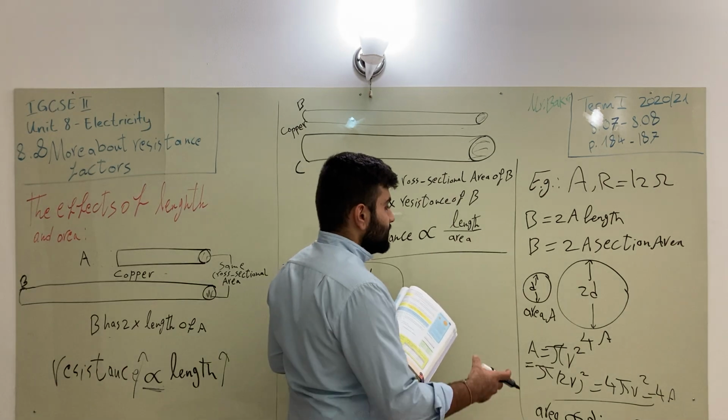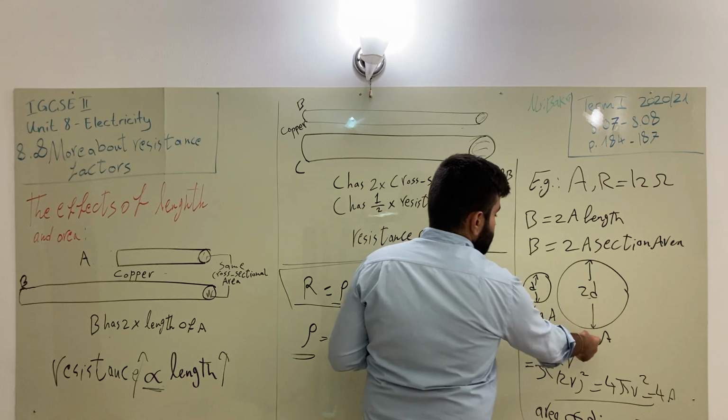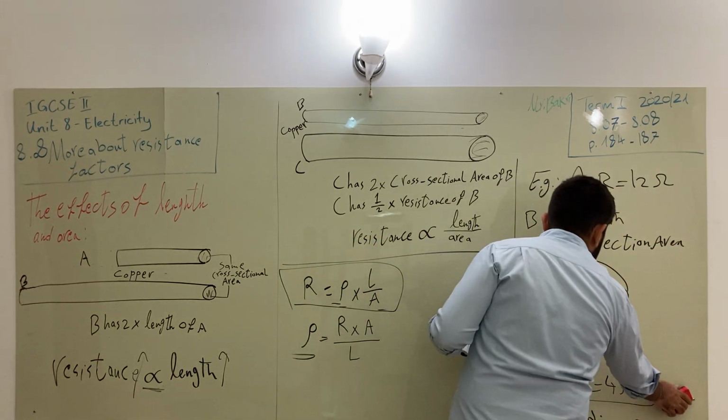So if the diameter is 2, the area is 4. Okay? So to explain this, let's continue with the example.